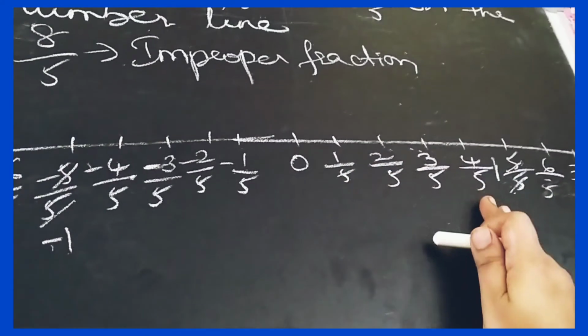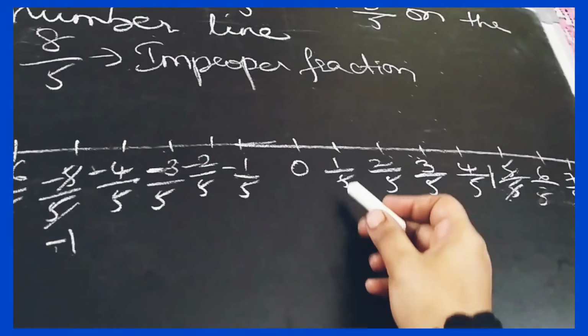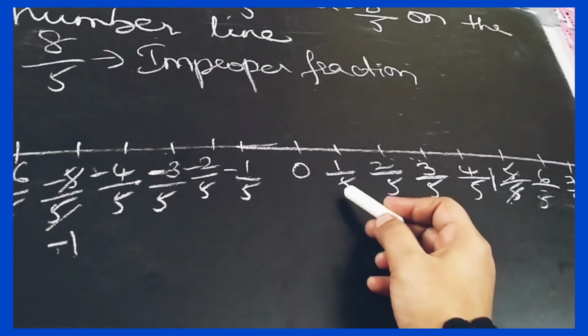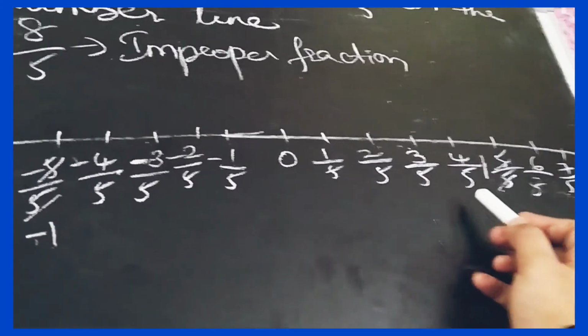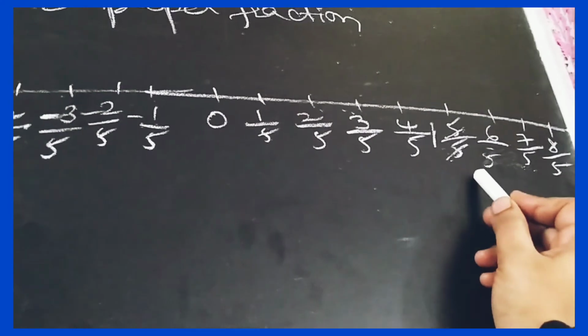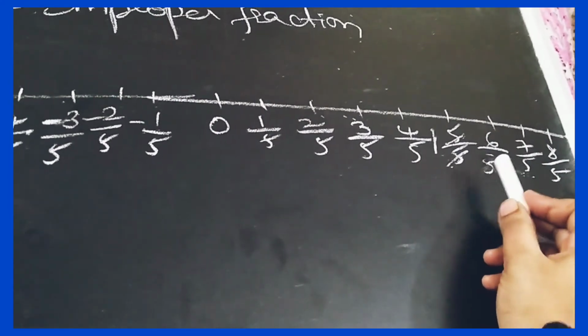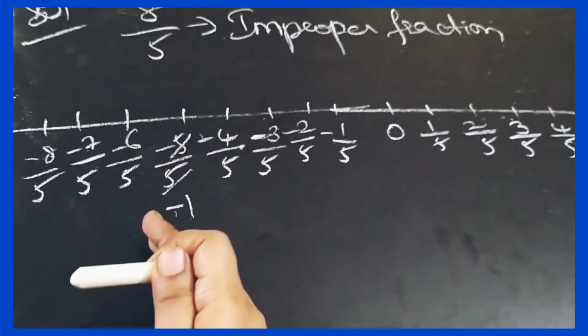So between 0 and 1, all are proper fractions. When you see 1 by 5, the denominator is greater. Here also the denominator is greater, here also. But when you see 6 by 5, 7 by 5, 8 by 5, the denominator is lesser than the numerator. In the negative numbers, the same thing happens.